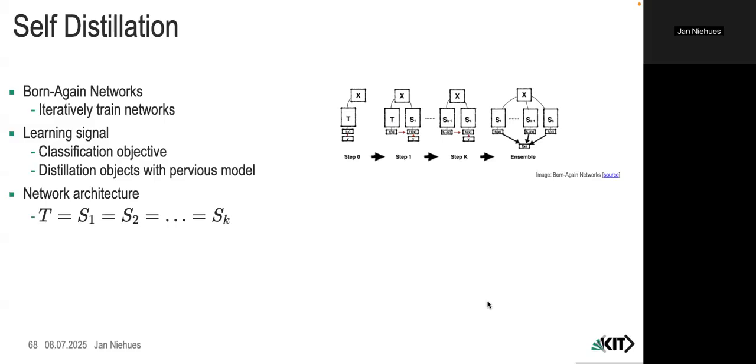So you train your model in the first step, and then in the second step you start again the whole training procedure, but you use information from the first to transfer it. And then you train again and so on, and you always transfer from one to the other.